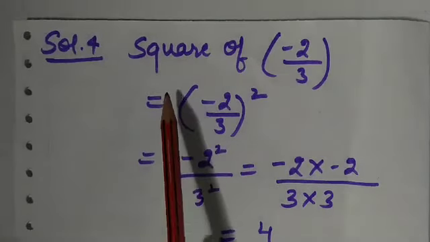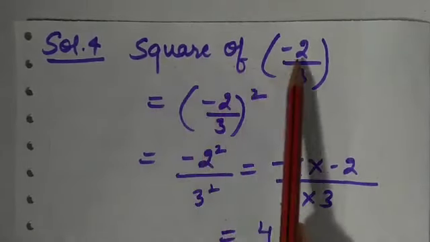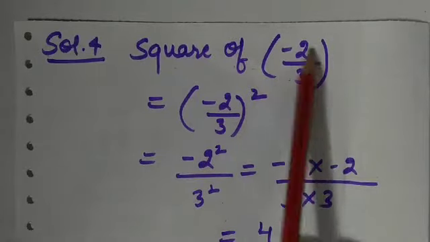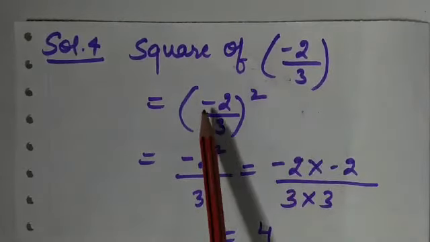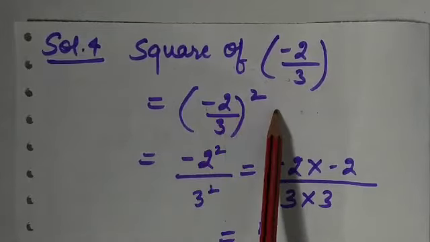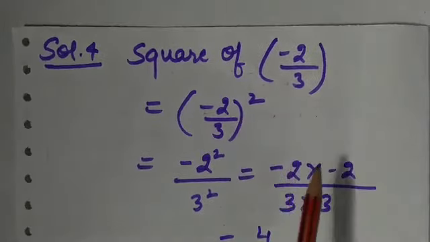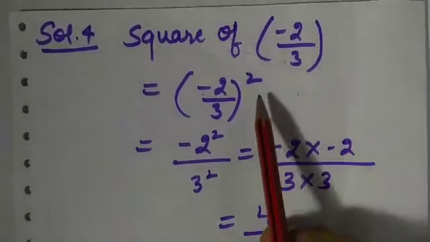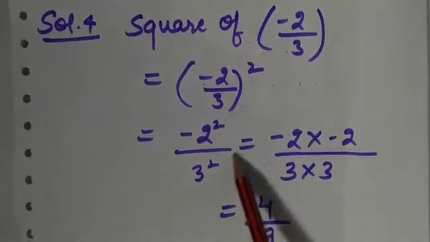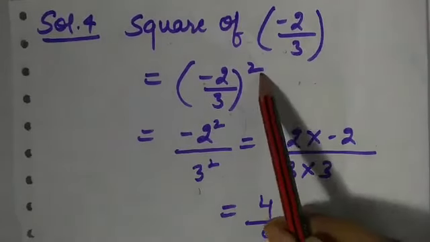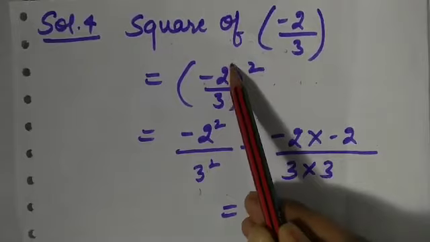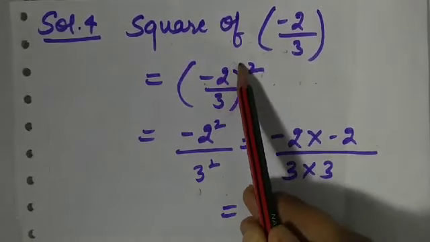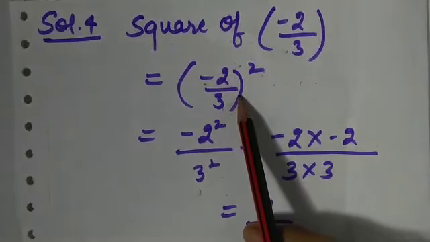So in solution 4, square of minus 2 by 3 means minus 2 by 3 raised to the power 2. And now using the law of exponents, this can be written in this form also. Okay, the 2 gets distributed to the numerator and to the denominator.